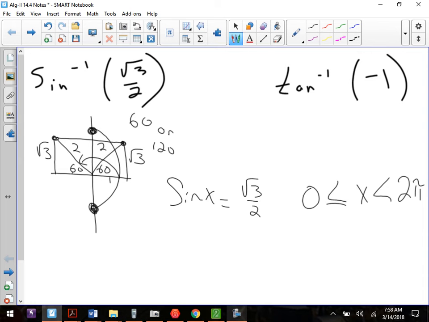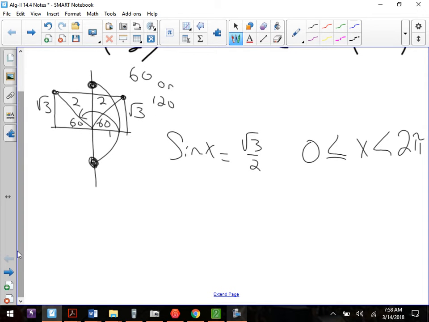So what this means is, how do you get sine by itself? Well, how do you undo sine? You would have to inverse. So what you'd wind up doing here is x would equal the inverse sine of that root 3 over 2. So you're doing what you did yesterday, but now it's asking you, what are all of the angles within one revolution that have that sine value?